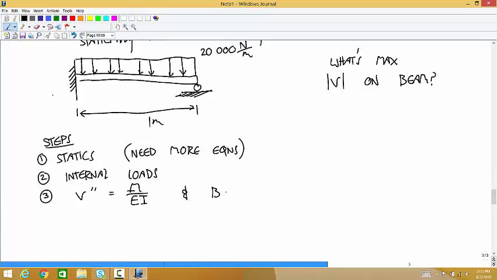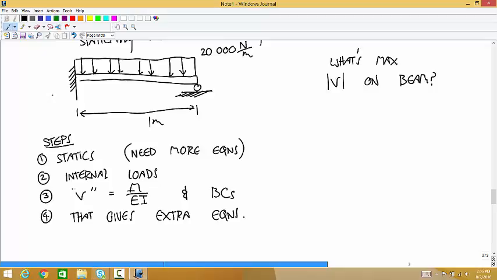And the boundary conditions, those give you the extra equations, and you can solve for those external loads. And then we're trying to find the maximum deflection.